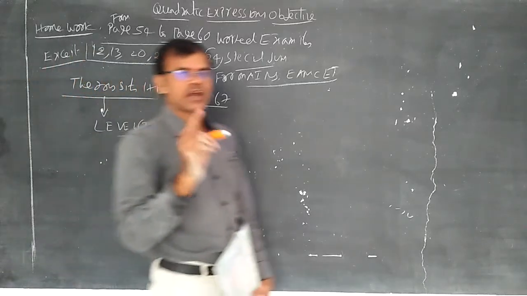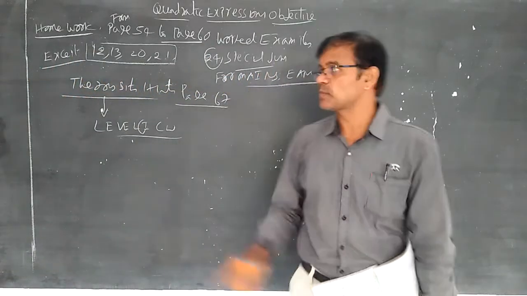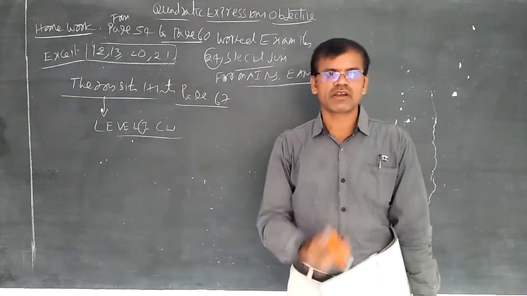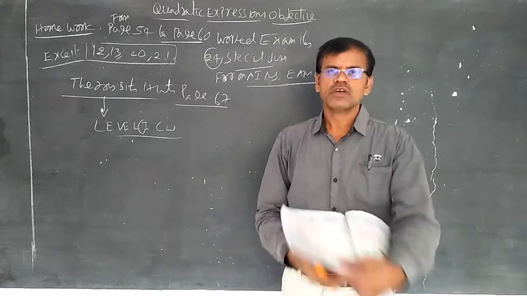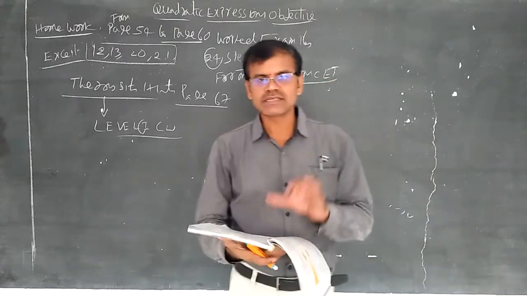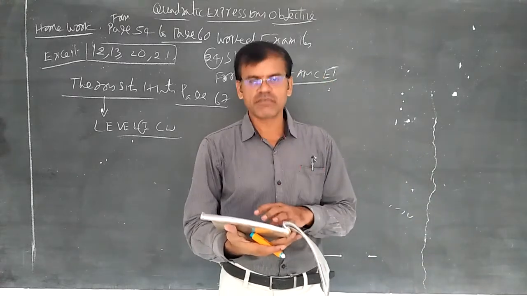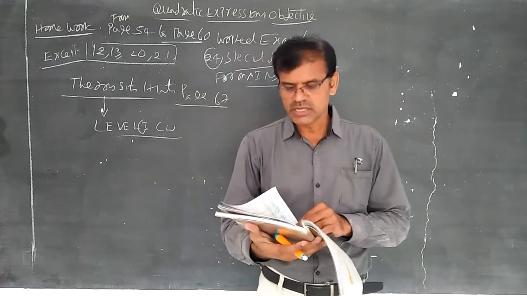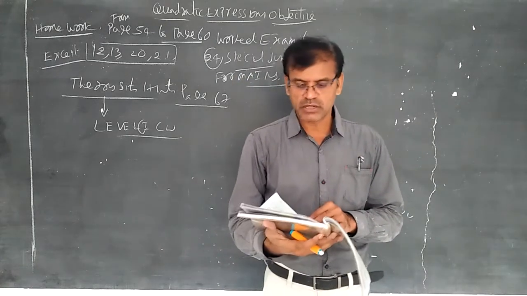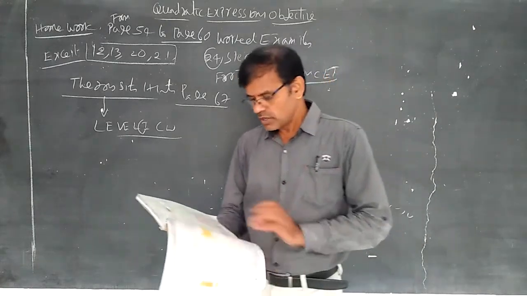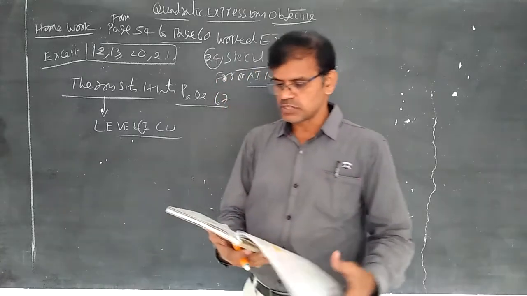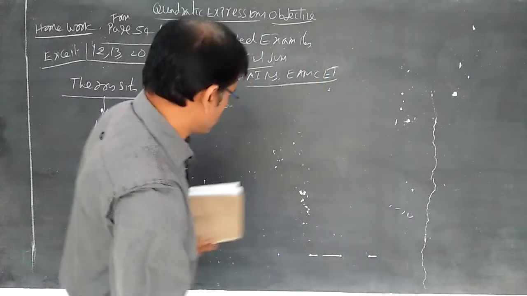You should do the quadratic expressions after the worked examples, level 1 classwork and level 1 homework also. Level 2 classwork I will handle some problems. In level 2 homework, some problems I will discuss. Remaining problems we should do, and level 3 also we will discuss. Now let us start today, objective module 2 classwork.